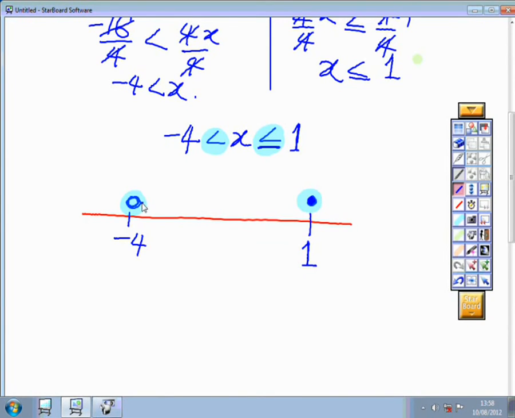Now we draw a line to connect them. And the variable here is variable x. And of course, this is the final statement of what we are required to draw.